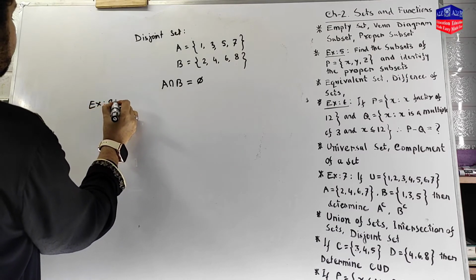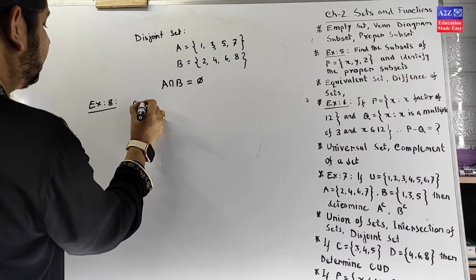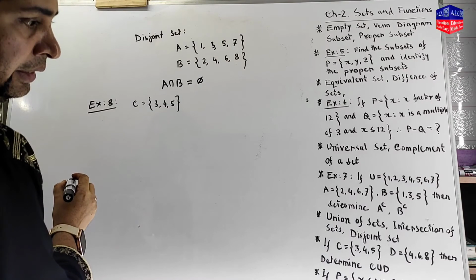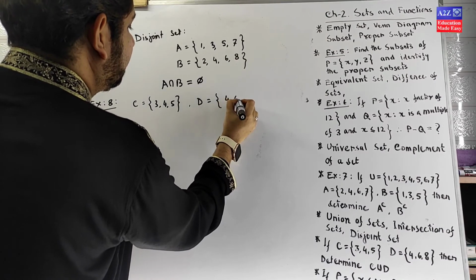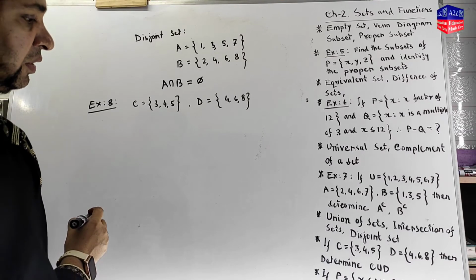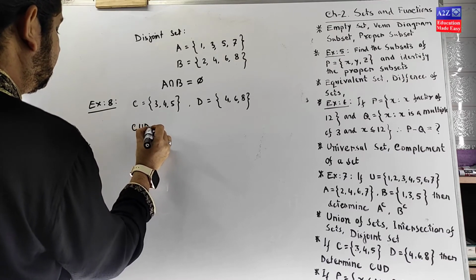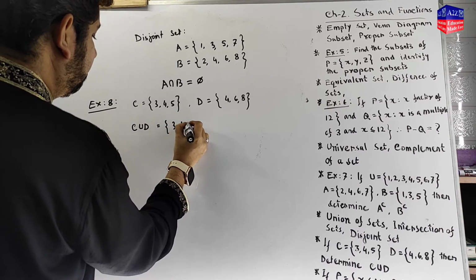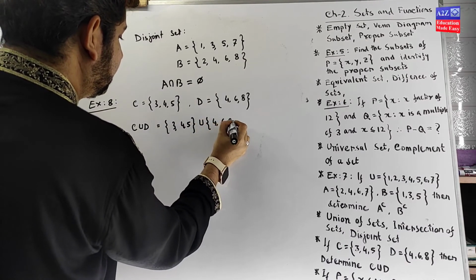If C equals 3, 4, 5, and D equals 4, 6, 8, then determine C union D. C union D would be 3, 4, 5 union 4, 6, 8.